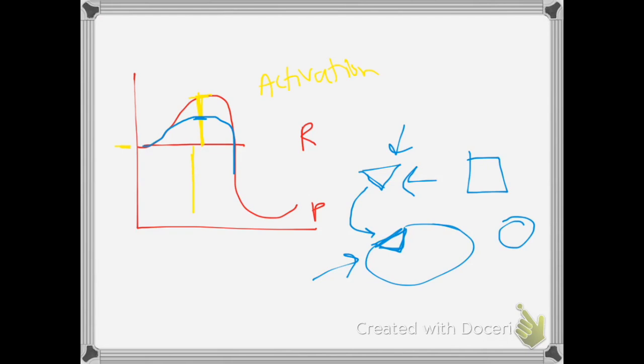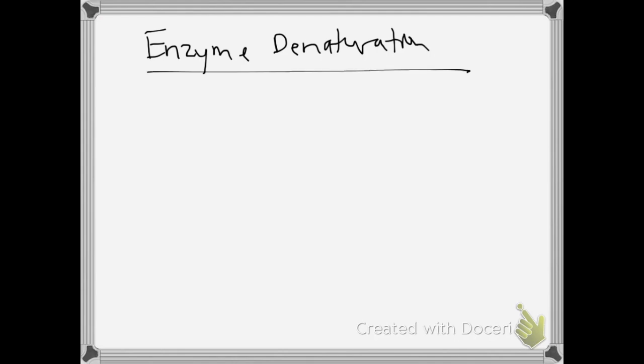Okay, how can we make an enzyme stop working? We call this enzyme denaturation. What is denaturation? It is the loss of a protein's 3D shape.